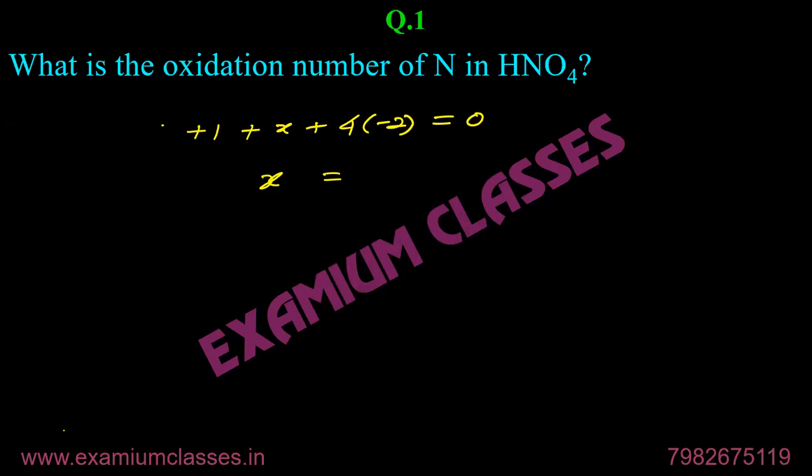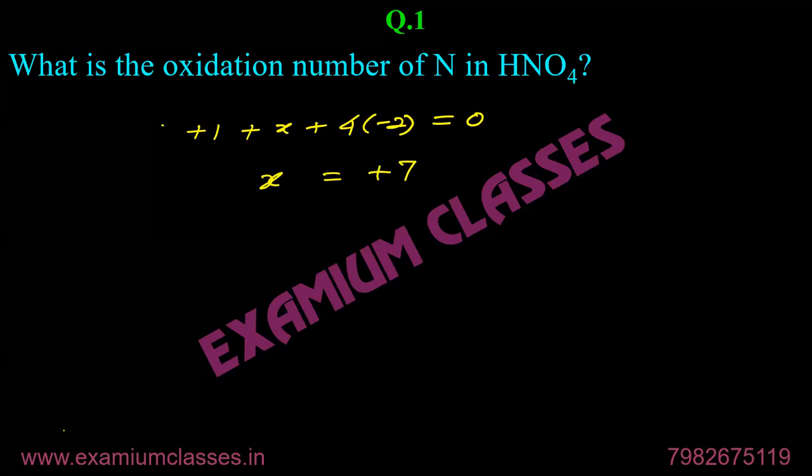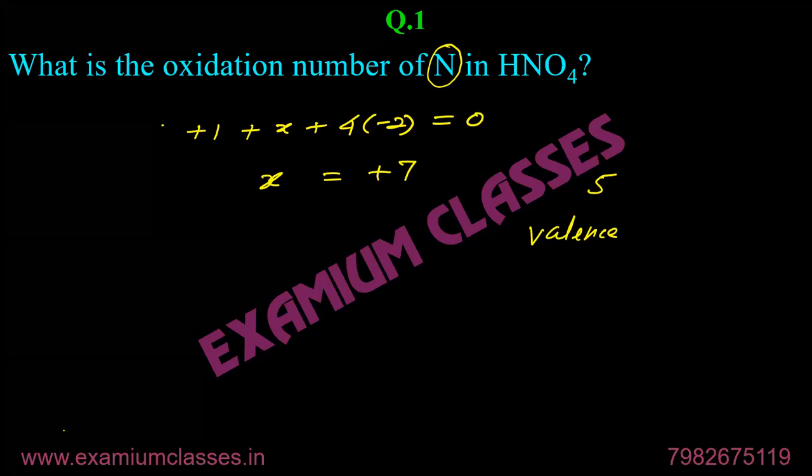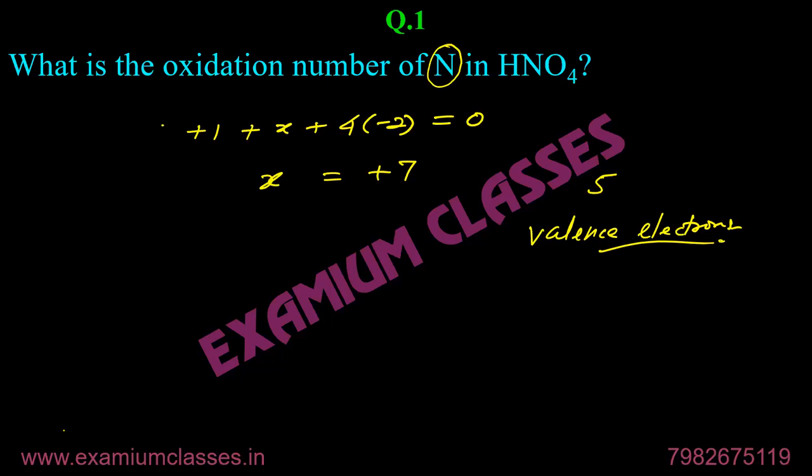You will get X equals 8 minus 1, that is +7. But we know that nitrogen's maximum oxidation state is +5. Nitrogen has at most 5 valence electrons. So the oxidation state cannot be beyond +5.